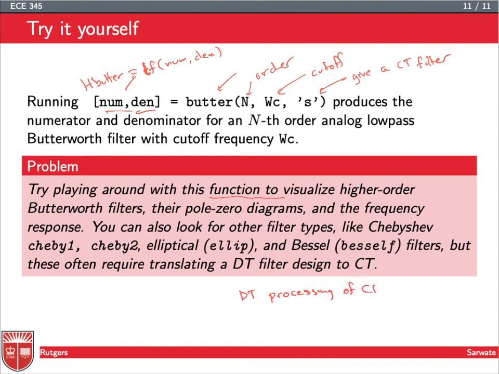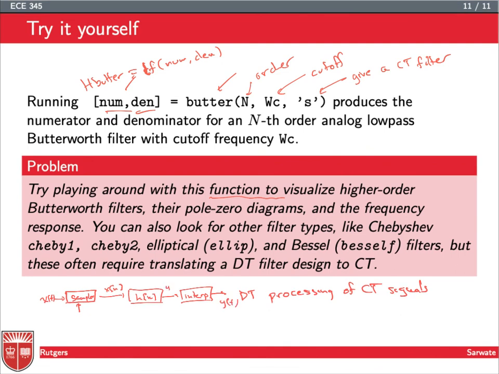So this is what we call the DT processing of CT signals, and the idea is that we'd have a sampler. We take our signal x of t and put it through our sampler. We're going to get some kind of x of n, a discrete time signal, and then we're going to put it through h of n, and then we're going to do what's called interpolation, and then we're going to get our y of t.